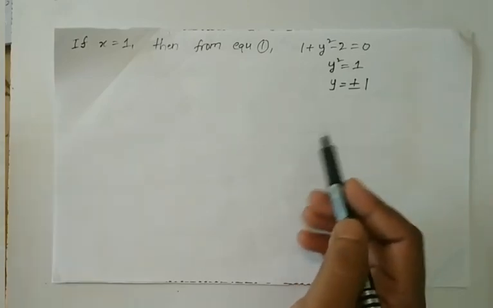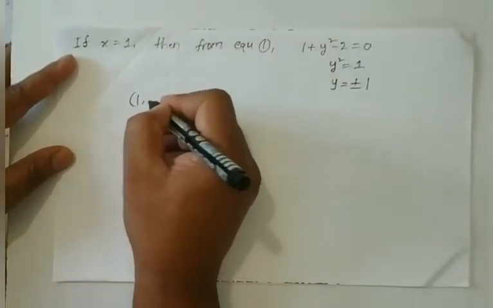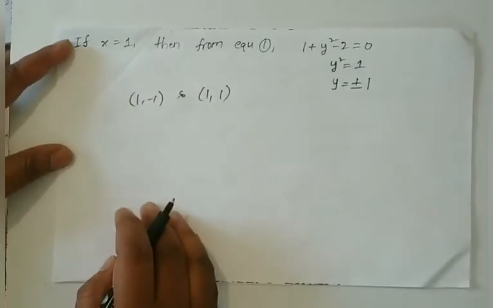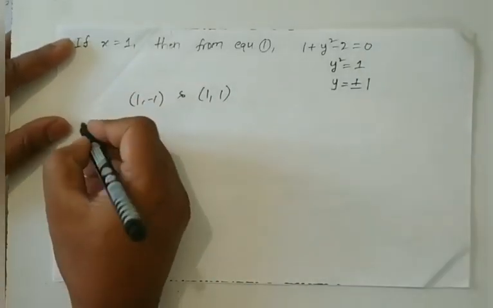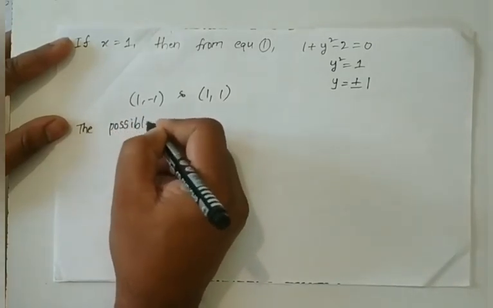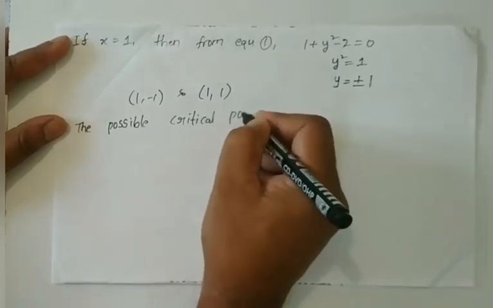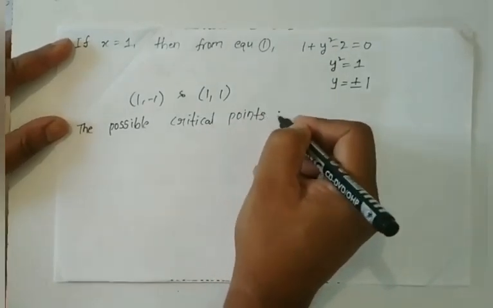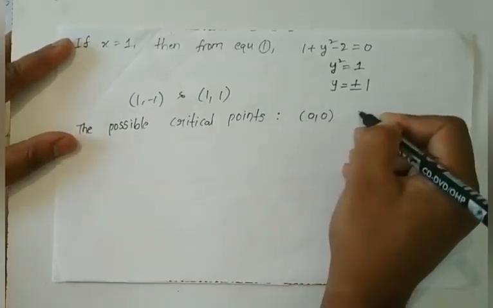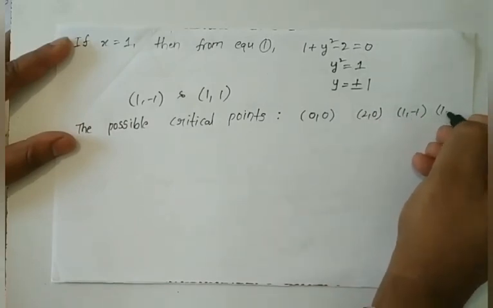Then what are the possible points? Here the possible points are x is equal to 1, y is equal to minus 1, and x is equal to 1, y is equal to 1. Therefore, the possible critical points are, how many points? 4 points: (0, 0), (2, 0), (1, -1), (1, 1).